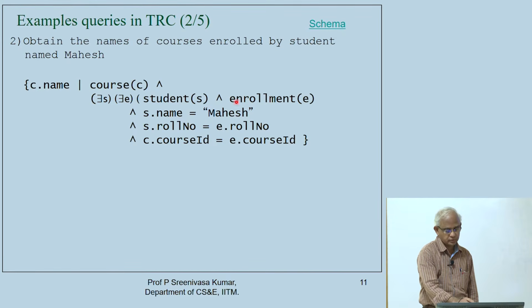That is all we are doing. So we are introducing two bound variables, there exists S, there exists E, and so it is relatively simple to write down this query.